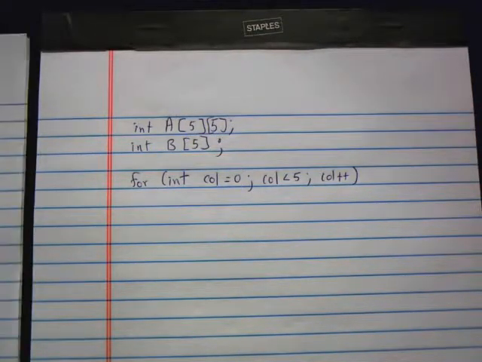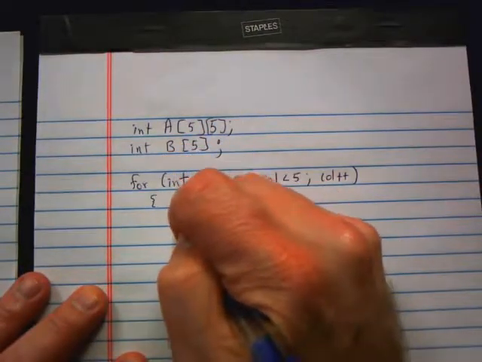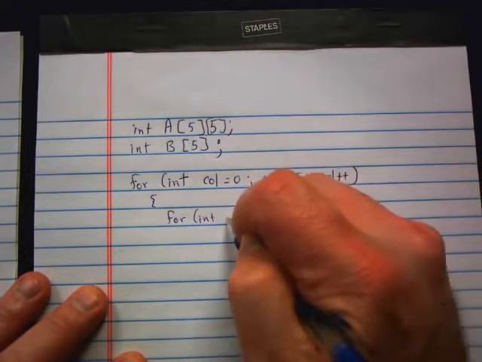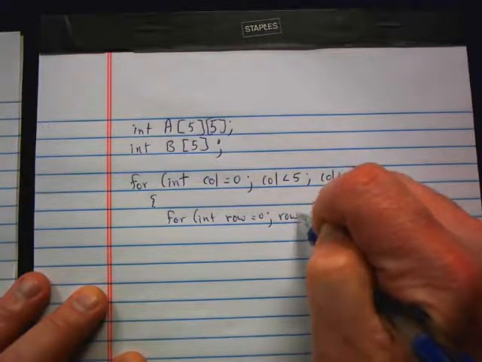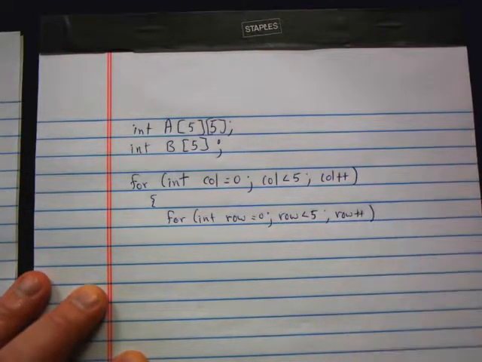So that tells me start in a column. Then I need a for loop to go into a row. For int row equals 0, row less than 5, row plus plus.